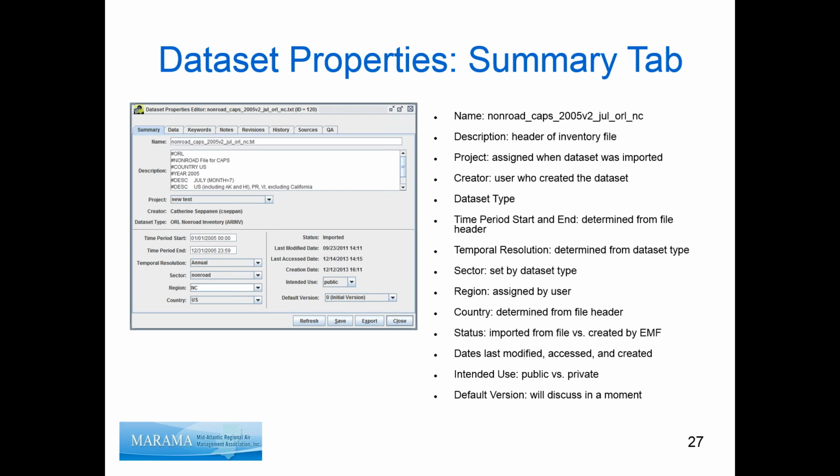So if your description or name has the spatial resolution in it, then obviously it'll be there. The EMF does not specifically understand the nuances of spatial resolution the way that it does with temporal resolution or the time period covered. Yeah, so if you had a modeling file that said 4K grid or something, then you would know.